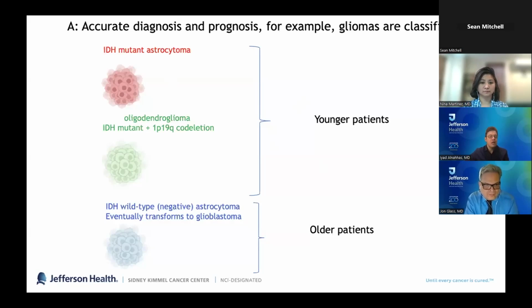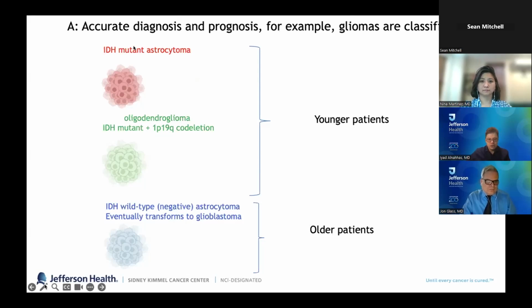So for some reason, when it gets mutated within certain subtypes of the cells within the brain, it can actually trigger these tumors that we call the IDH mutated astrocytomas. When there is an additional genetic change on top of the IDH mutation, what we call the 1p19q co-deletion, this is what defines a glioma subtype that is called an oligodendroglioma.